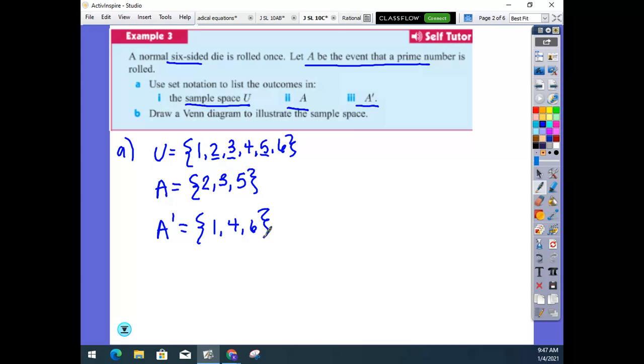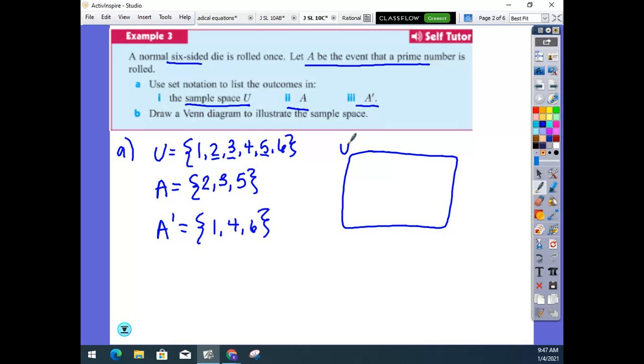Okay. Then it says draw a Venn diagram. So our box is always our universe with all of the numbers, and we only have one event, A. So we label A. What is in A? 2, 3, 5.